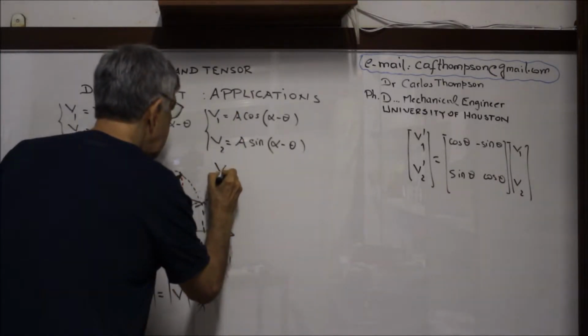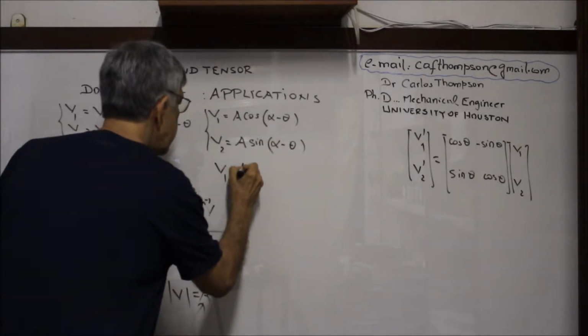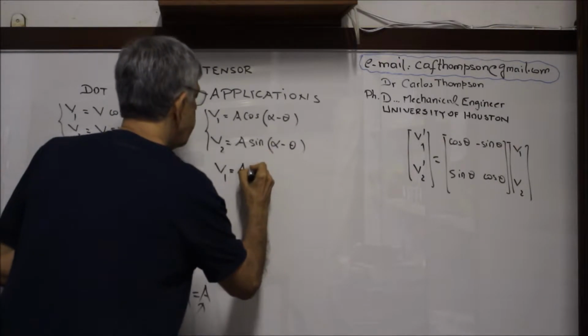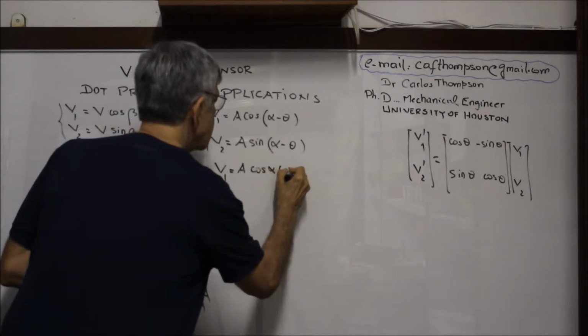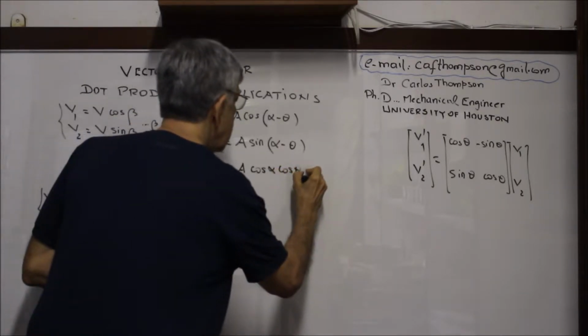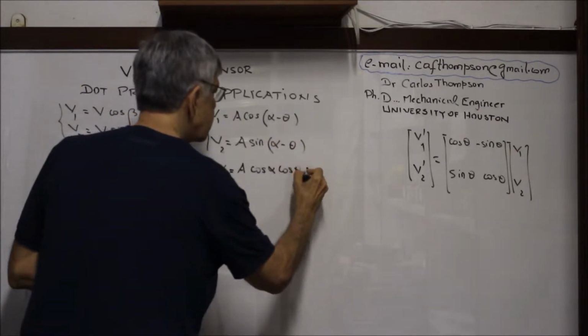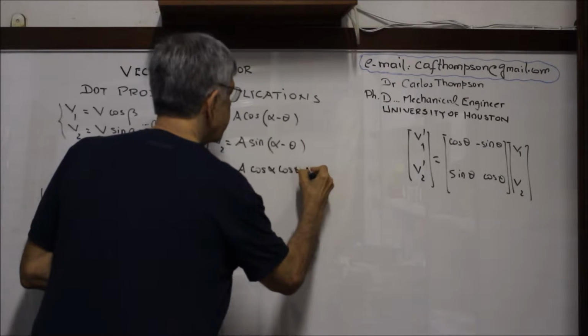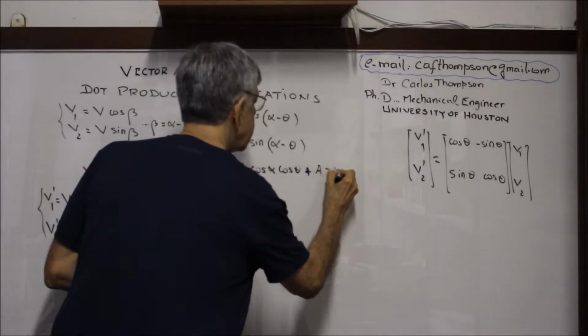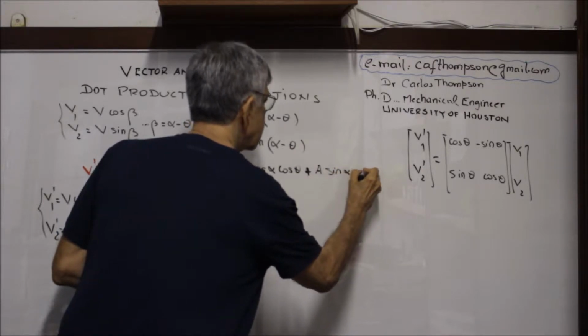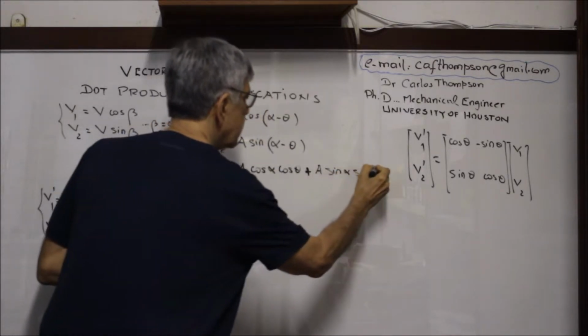Hence, V1 is equal A, now cosine alpha cosine theta, this is minus, so this is plus A sine alpha sine theta.